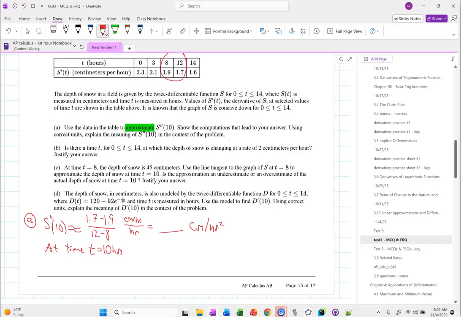So you would say, at time t equals 10 hours, the rate of change in snow depth is whatever centimeters per hour squared.